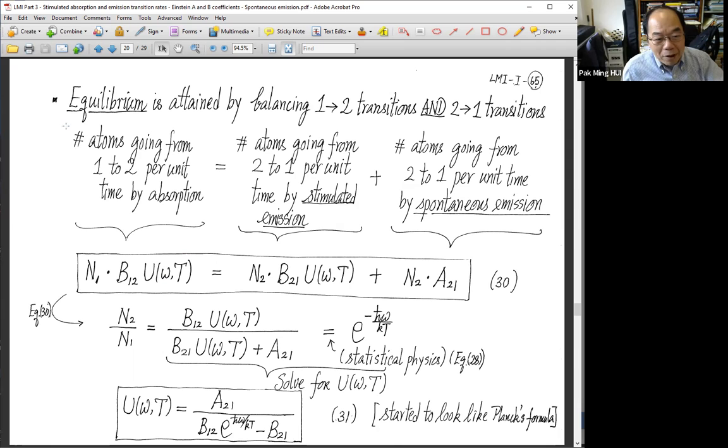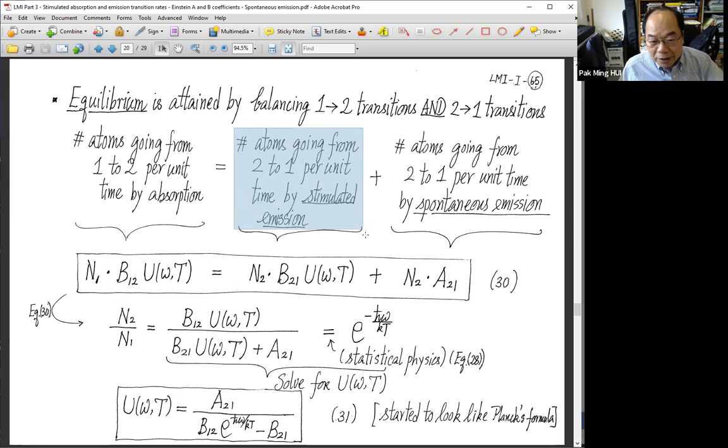There's only one process for atoms to go up. So how many of them from 1 to 2 per unit time? That is absorption, right? So we have, per atom, this is the probability of stimulated absorption. We have N1 in the lower level 1, therefore per unit time, that many atoms will go from 1 to 2.